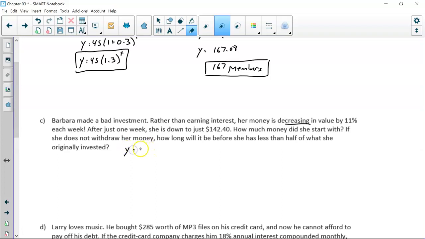Y equals A times 1 minus R to the T. So Y equals A. We don't know the initial. 1 minus the rate, which is 11% or 0.11 to the T. A times 0.89 to the T.